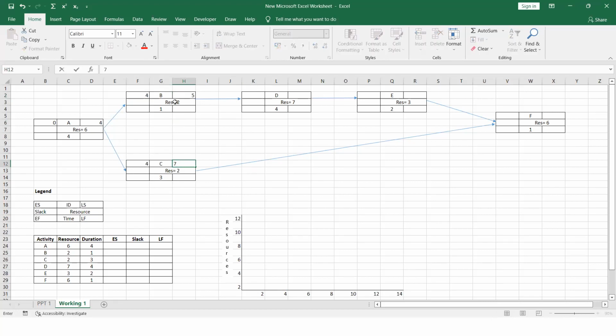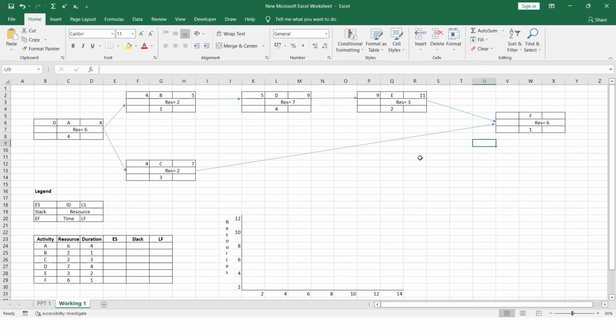And after completing activity B, we can start activity D. For activity D, early start is 5. To 5, you have to add 4. It means 9. And that 9 is going here as well. So early start time of activity E is 9. For that, you have to add 2. That means 11. So you can see for activity F, there are two arrows coming.